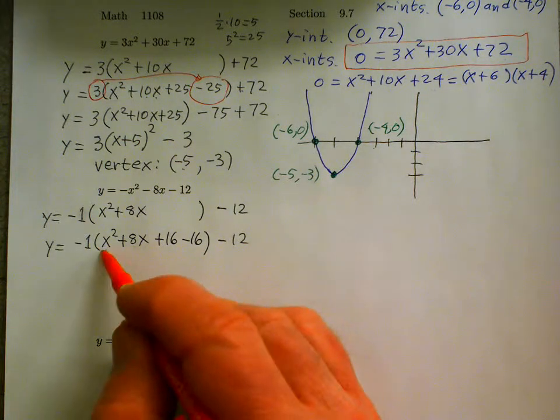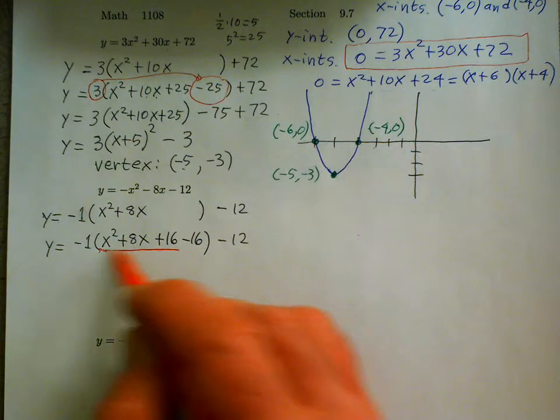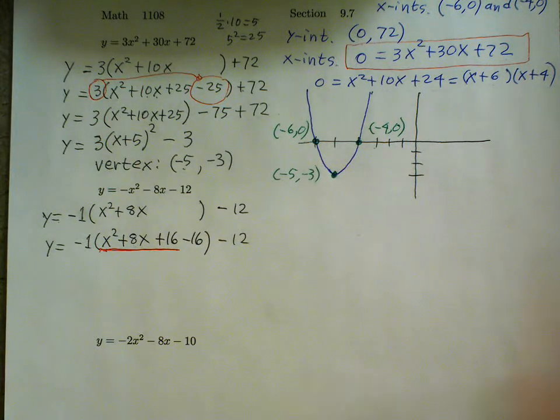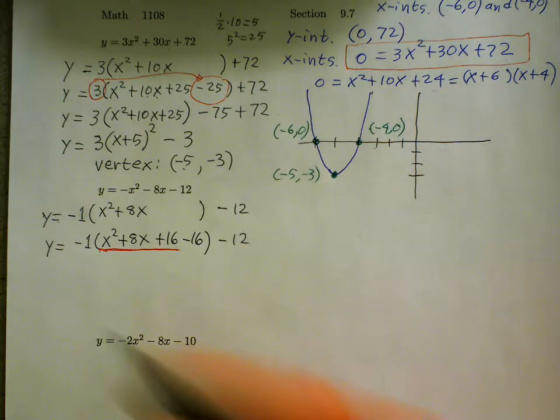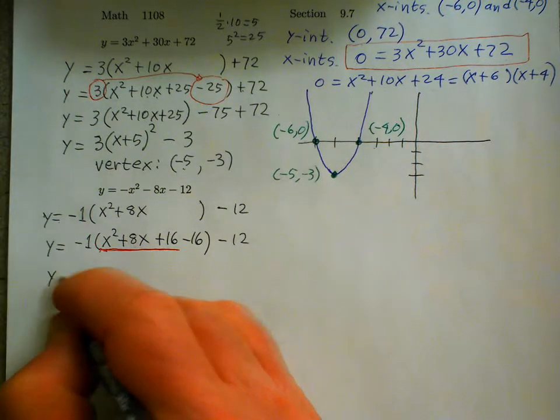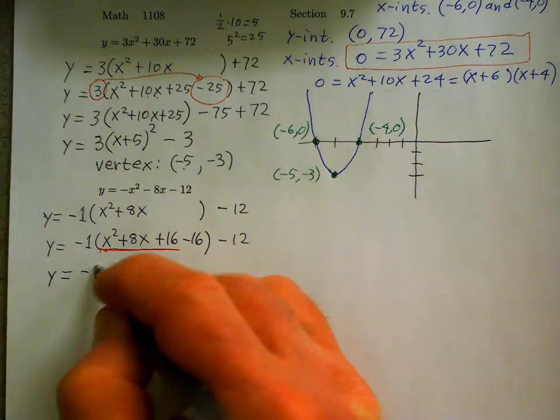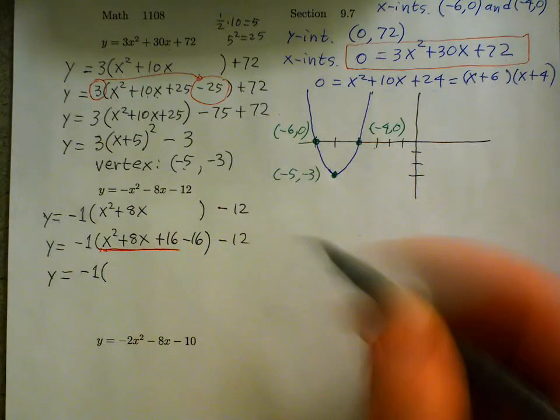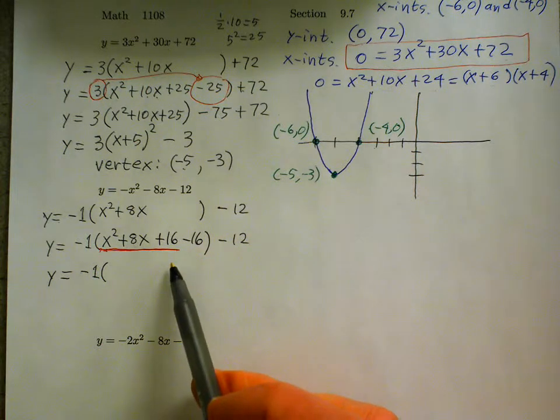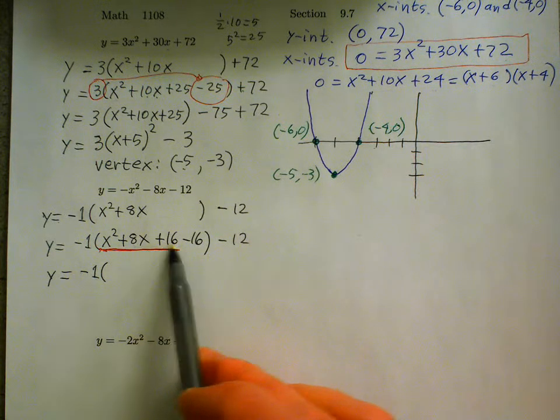So now we have a perfect square trinomial. Then we get y equals -1 times the perfect square trinomial, x squared plus 8x plus 16.